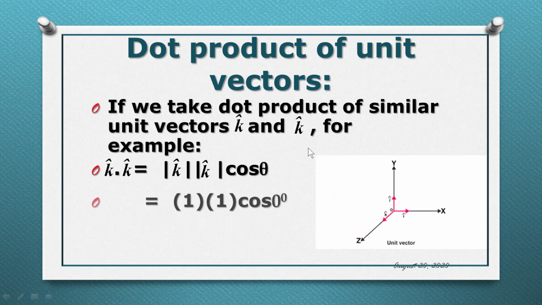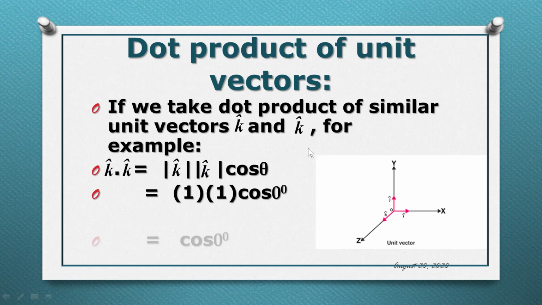So again, 1 into 1 into cos of 0 degrees will give us k hat dot k hat is equal to 1. So we have proved that if we are finding the dot product between two similar unit vectors, then it will give us 1 because the angle between these unit vectors is 0 degrees.